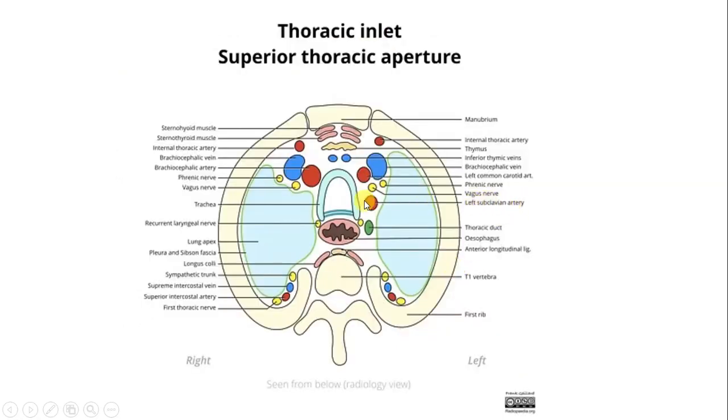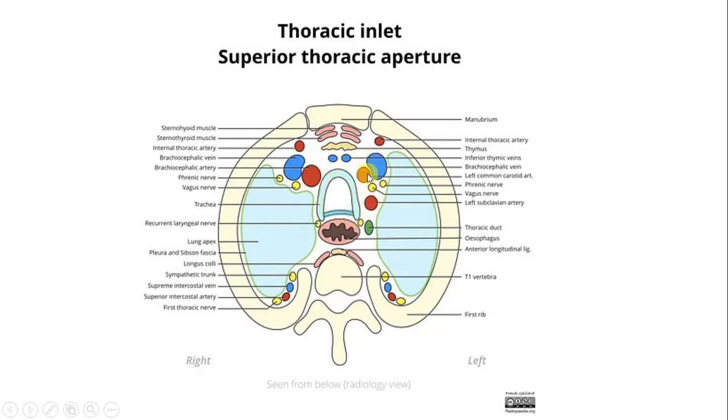So here is a cut section of the superior thoracic aperture. You can see the name given is the thoracic inlet, superior thoracic aperture. Why? Because the esophagus, trachea, veins and the nerves, that is the vagus nerve and phrenic nerve, enter into the thorax from the neck.